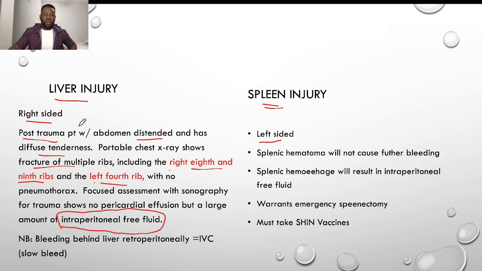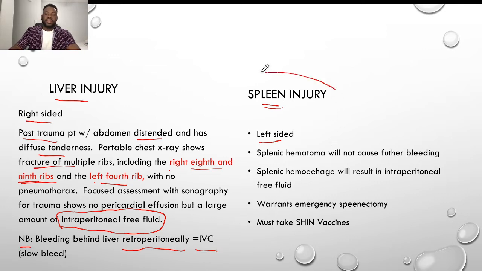It's most likely going to be the liver. Also, the 8th and 9th ribs lie just over the liver, so that should make sense. Note that bleeding behind the liver is retroperitoneal. If they tell you somebody is bleeding behind the liver and it's a slow bleeding, most likely it's going to be the IVC, which is retroperitoneal.